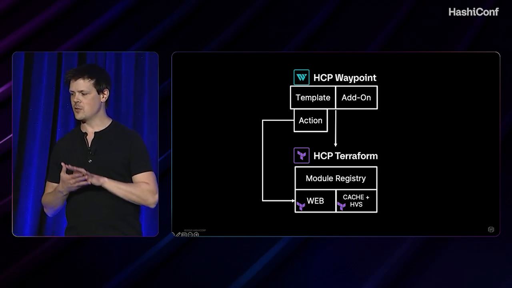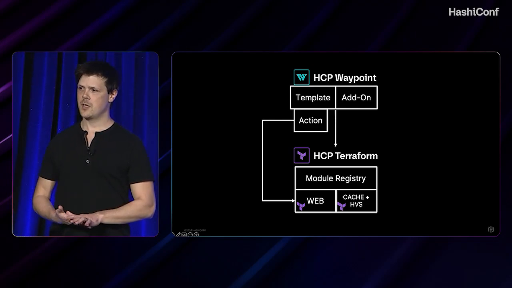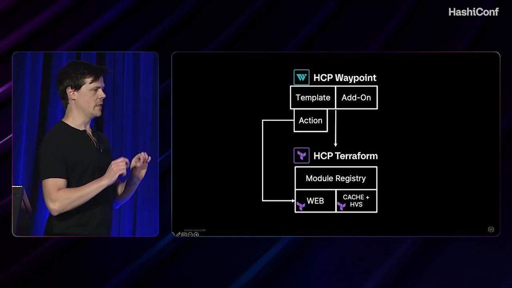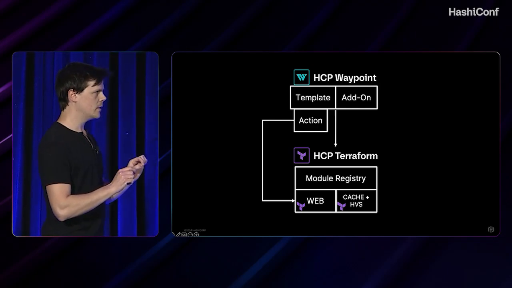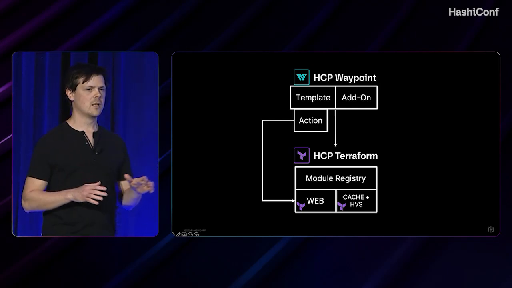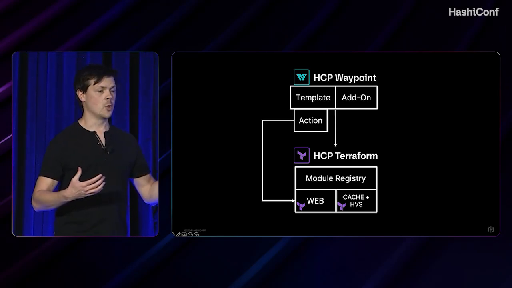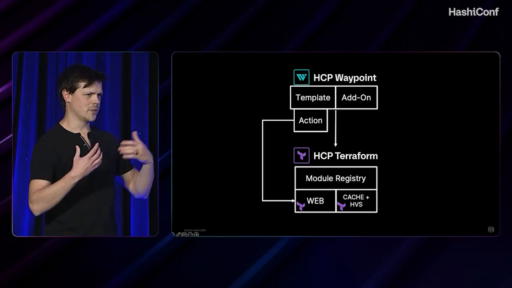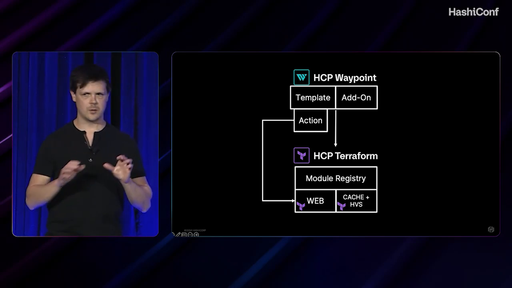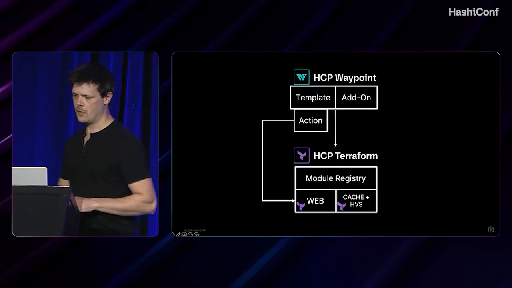I did want to point out as we're going through this lab, if you're in that shared org, the steps will be a little bit different. I'll point those out along the way, but since you'll only have access to a single project, for example, you'll already have the modules uploaded and things like that. So I'll make sure I'm pointing those out as we go.